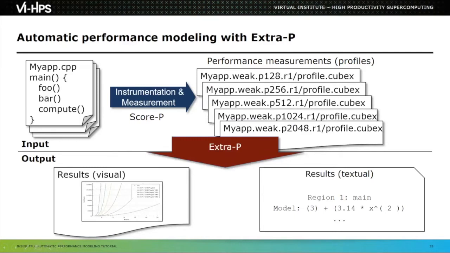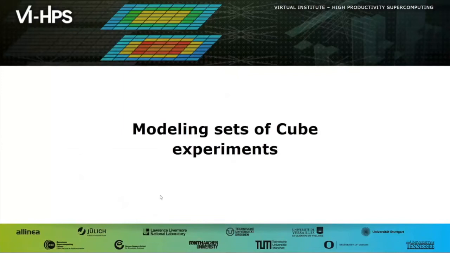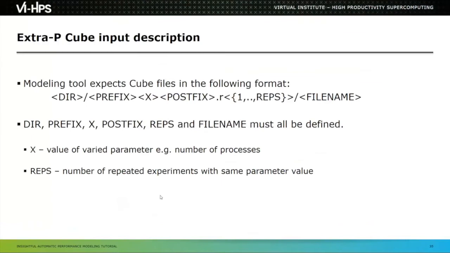These are our different configurations. And then we have this R here that also indicates if we did several repetitions of the same configuration. Then Extra-P will take these cube profiles and, depending on whether you run the command line version or the GUI version, either give you a textual representation of the data, where you can see the model and the region that you modeled, or show you the graphical representation. So now if we want to model a set of cube experiments that are coming from Score-P, we need to know a few things.